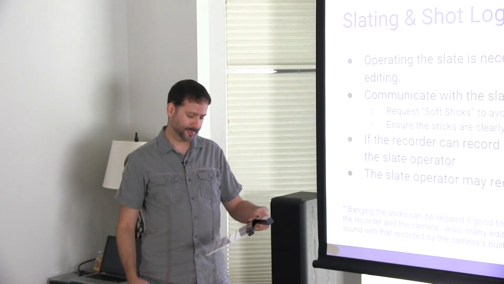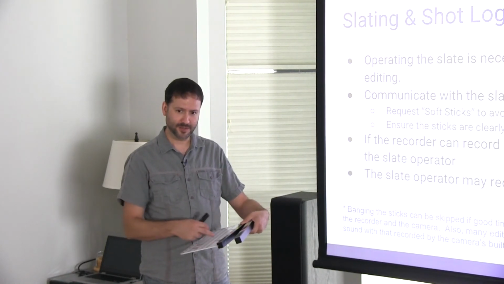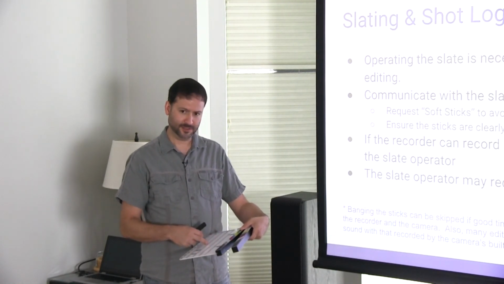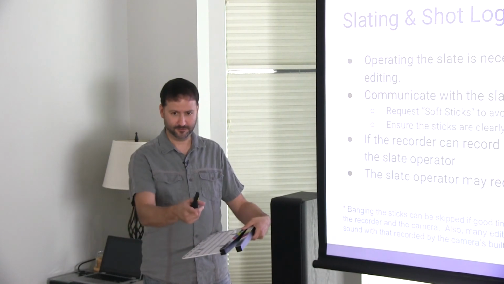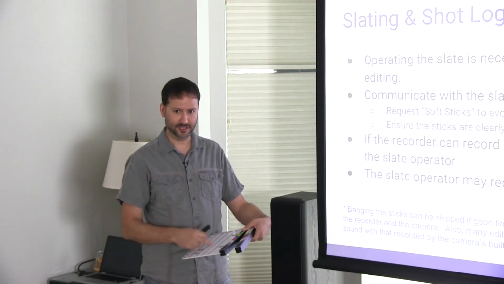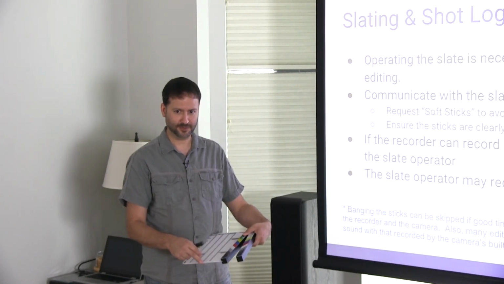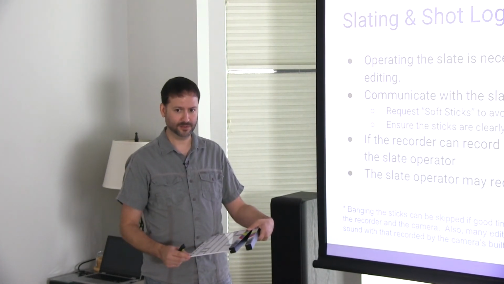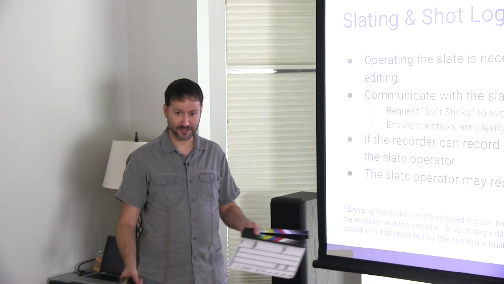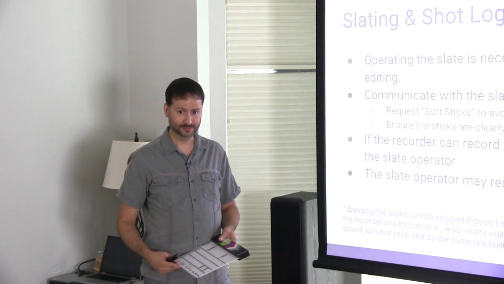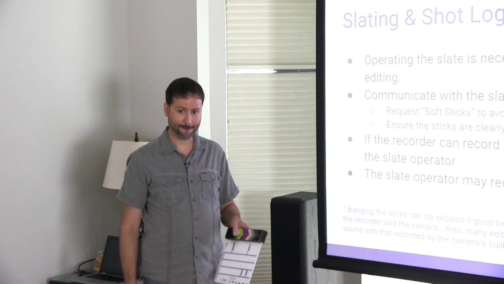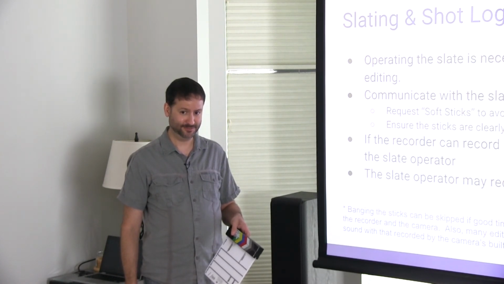To make it easier for the editor to match up files, periodically write down the number of the file in the shot log, so that this scene and take was this file on the camera and this file on the recorder. As an editor, it was amazing to see the audio with the same name as the video, and it would have been annoying to have a secondary source to go through one, two, three, four, five.